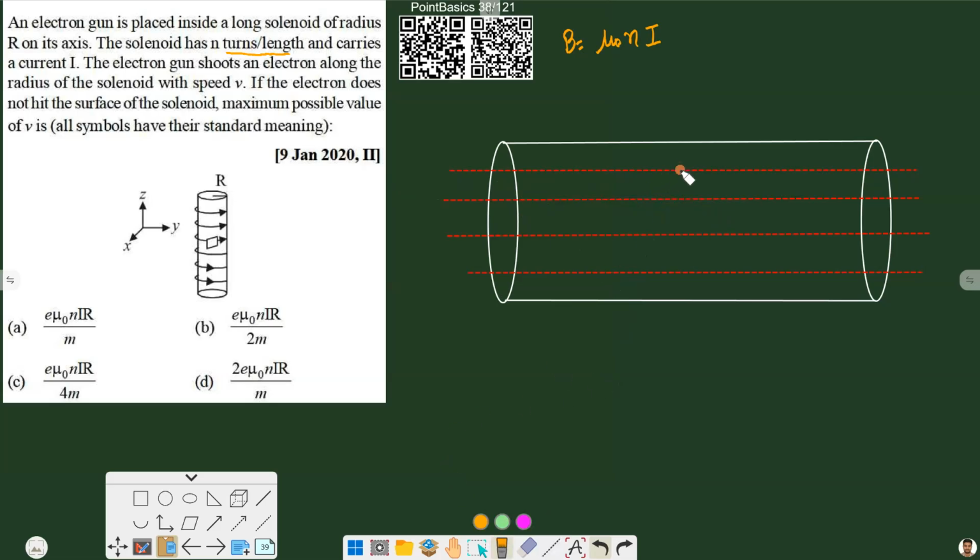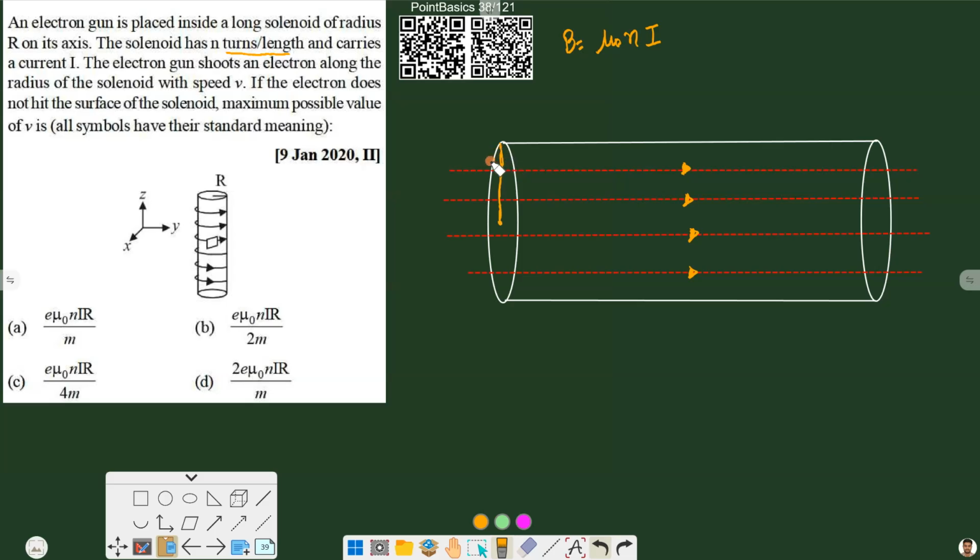Now, suppose we are assuming that the magnetic field is something like this. It is mentioned that the electron gun shoots an electron along the radius of the solenoid. Now, the radius of the solenoid is something like this. This is the radius of the solenoid. It means the electron is shot perpendicular to the direction of the magnetic field.